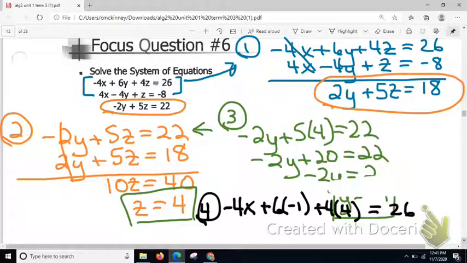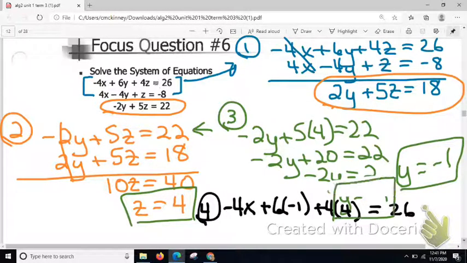So my y was negative 1. I'm going to move that up there so we have a little clear space down here. So this was 4 times 4 is equal to 26.